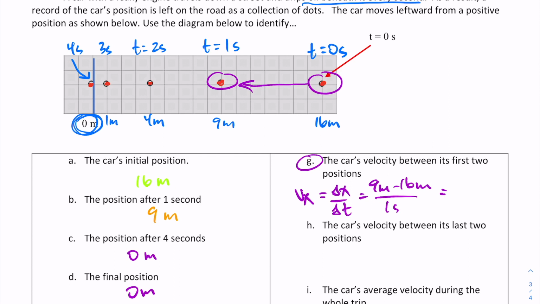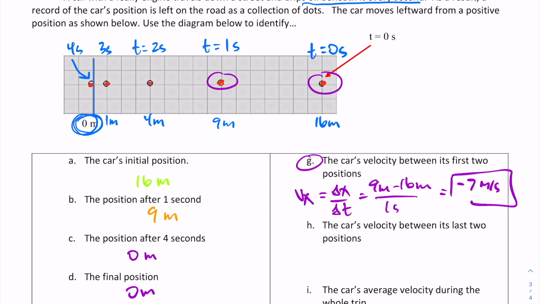So 9 minus 16, we've got negative 7 meters per second. And that makes sense, right? Because the car moved 7 meters to the left, and it took 1 second to do it.